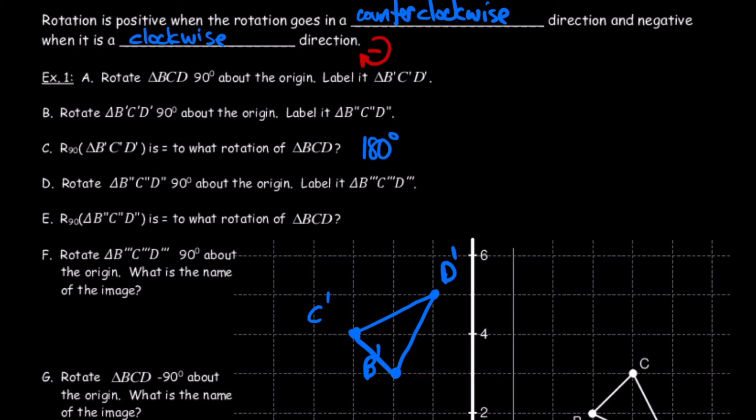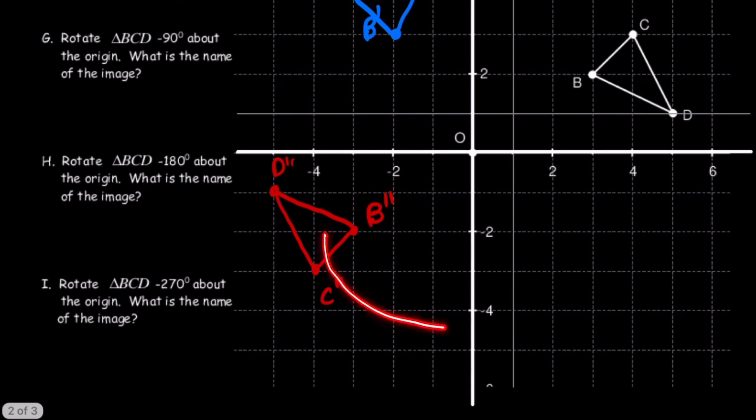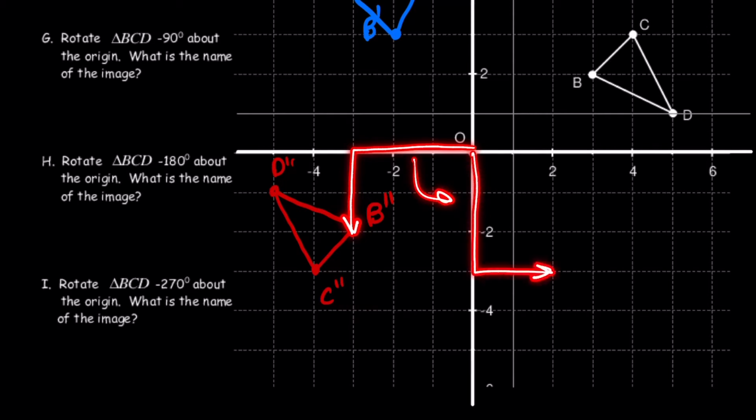And next, I have to take my latest triangle, B double prime, C double prime, D double prime, and rotate that 90 degrees about the origin. So this one is going to rotate over here, 90 degrees. So again, what I think I'm going to do is kind of visualize, okay, over 3, down 2, rotate that 90 is down 3 over 2. So B double prime is going to go right here.